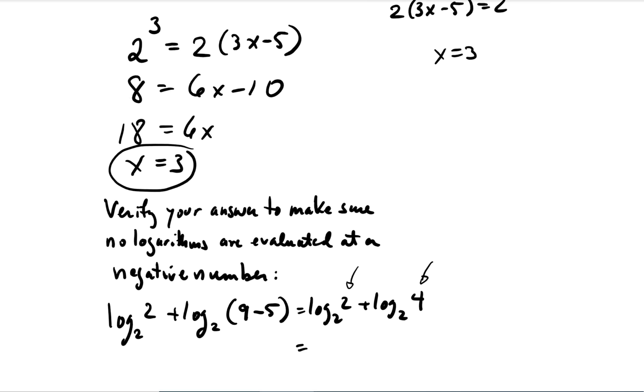Log in base 2 of 2 is just 1, and since this is 2 squared, log in base 2 of 2 squared is just 2. And it allows you also to verify that you get exactly 3. But the important part is to verify that you don't have a negative number here. This is the part where x was replaced by 3, and it's positive.